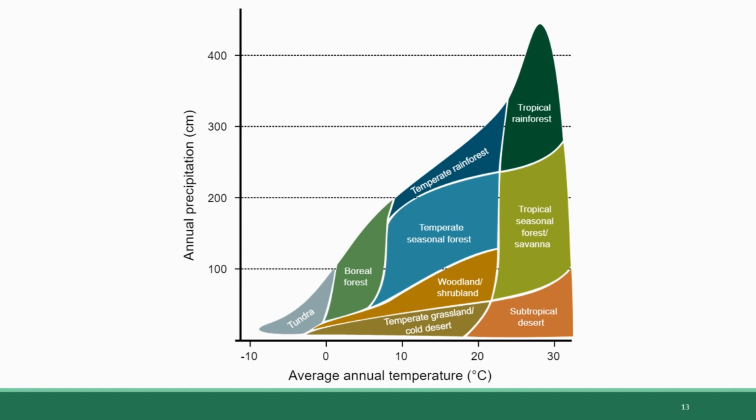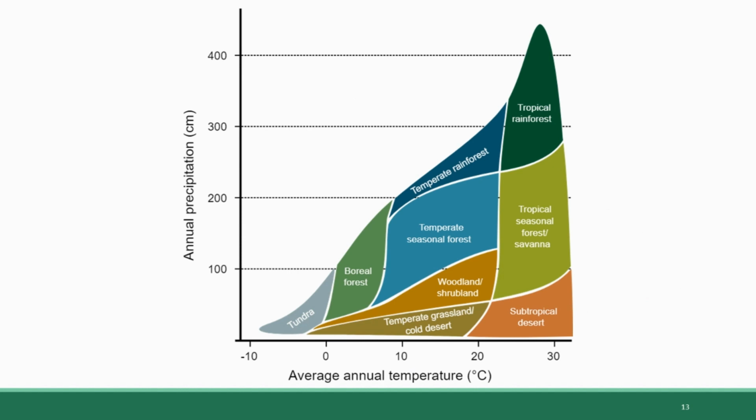If we look at the highest temperatures on the farthest right side of the graph, around the 30-degree mark, there are 3 different biomes stacked up here, and which one you get depends upon the precipitation. The highest precipitation combined with the highest temperature yields a tropical rainforest.